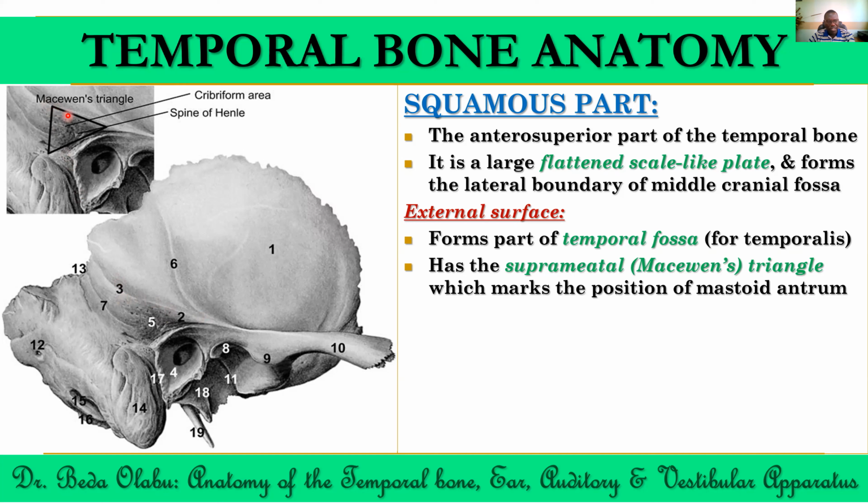The boundaries of the triangle are outlined in that other image up there. So the suprameatal triangle is an important region clinically because it's the surface landmark for the mastoid antrum. Mastoid antrum is a few millimeters deep to that region labeled 5.